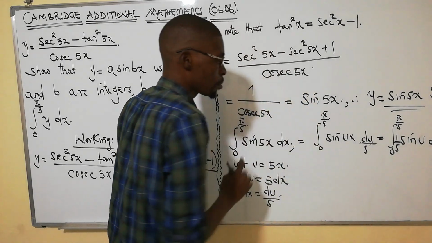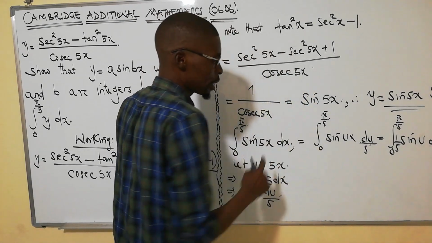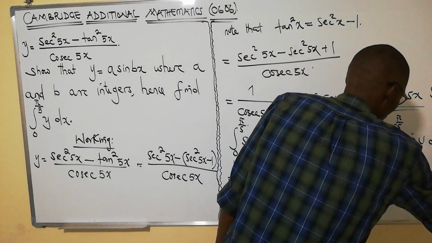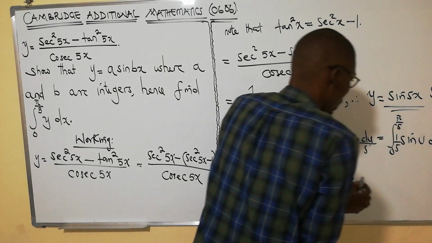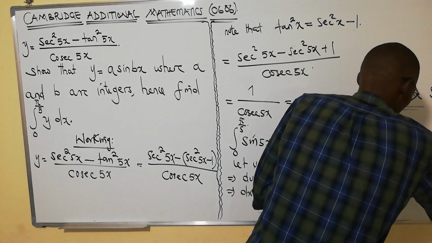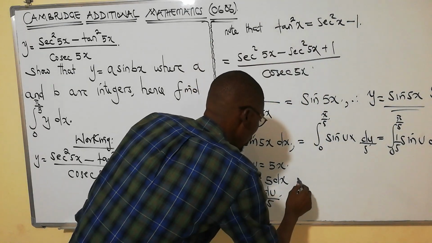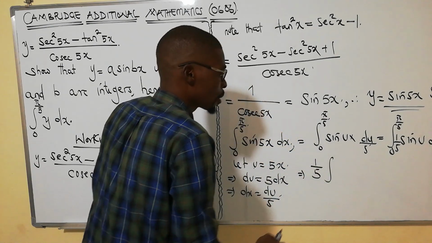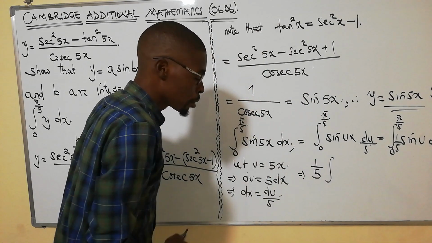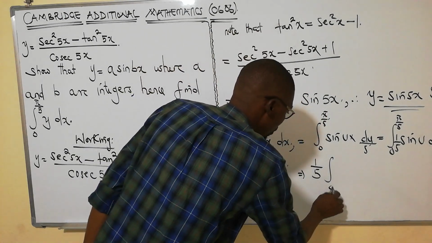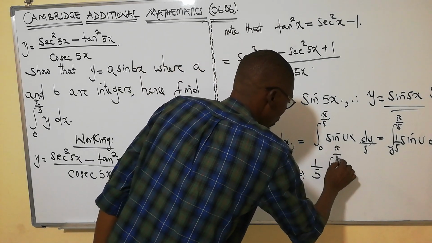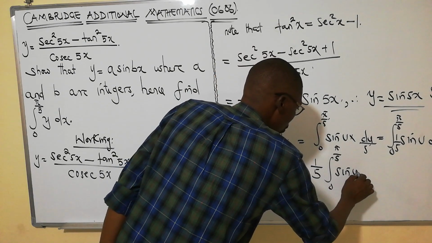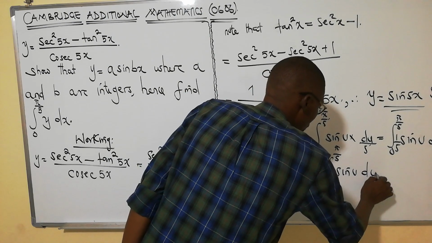So 1 over 5 is a constant, and it can be brought outside the integral. This gives us 1 over 5 times the integral from 0 to pi over 5 of sine u with respect to u.